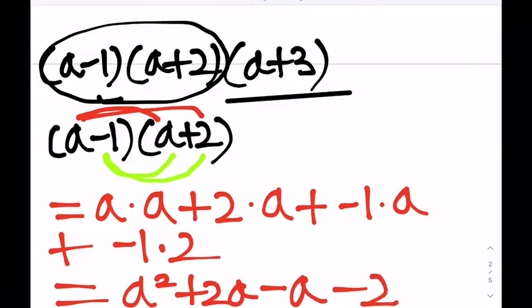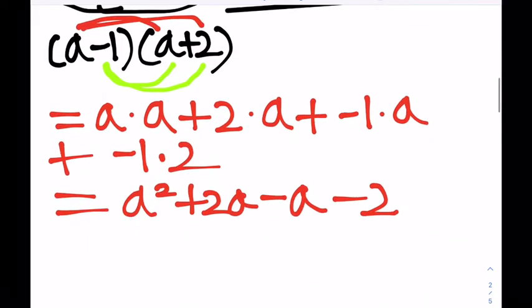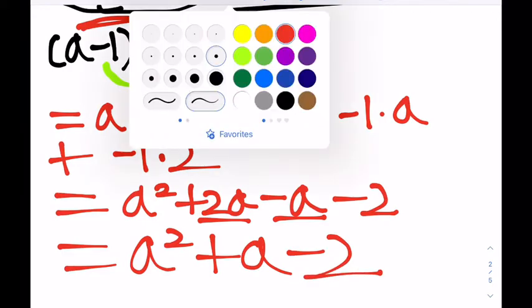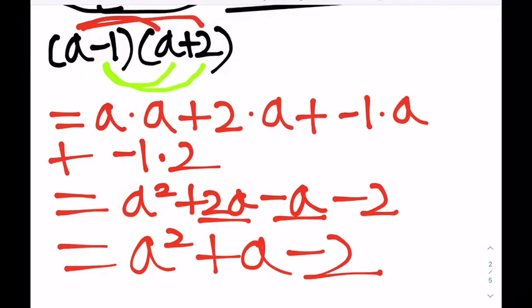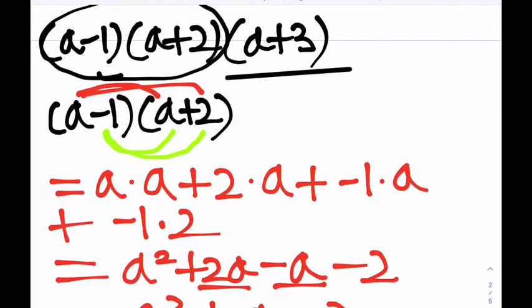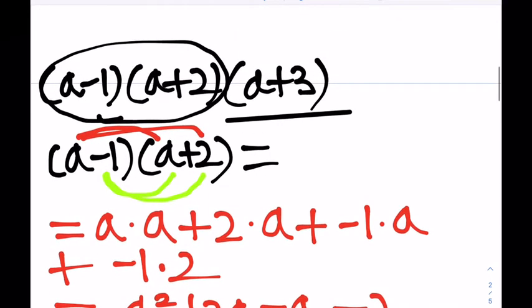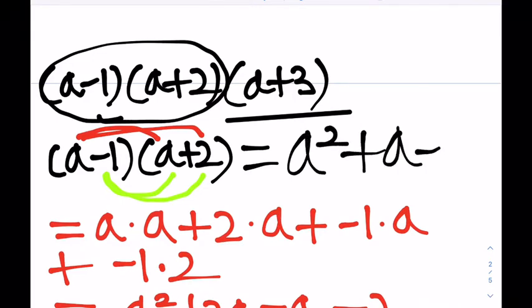And then now we can simplify that. These terms are the same, so that will be just a, then -2. So basically what we did here is we calculated a minus 1 times a plus 2, so that will be a squared plus a minus 2.